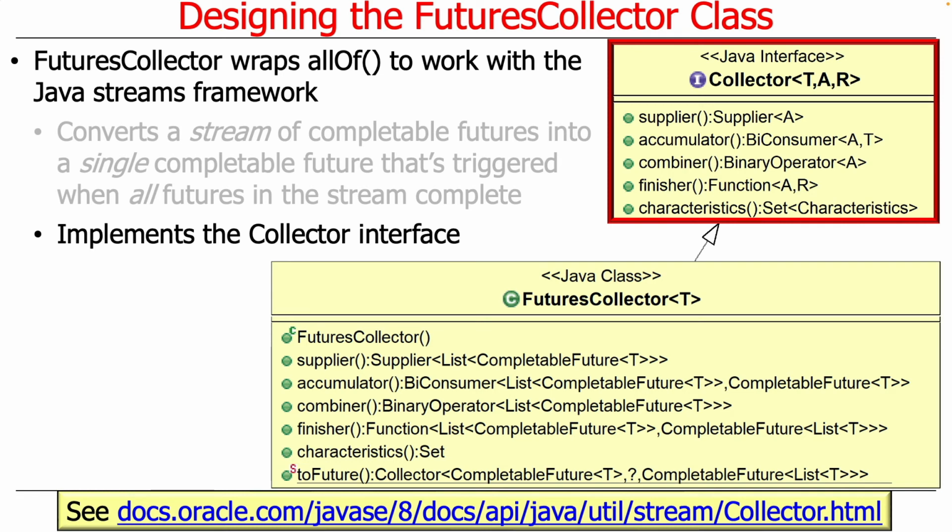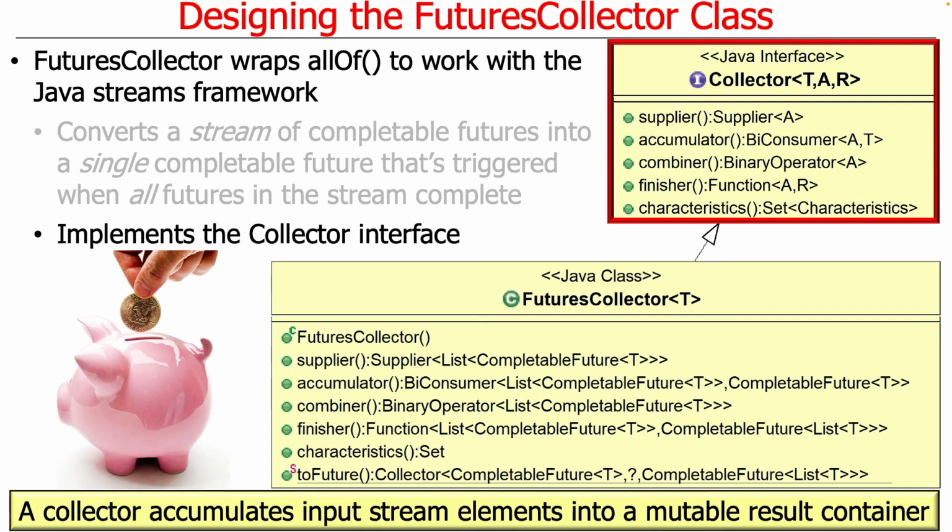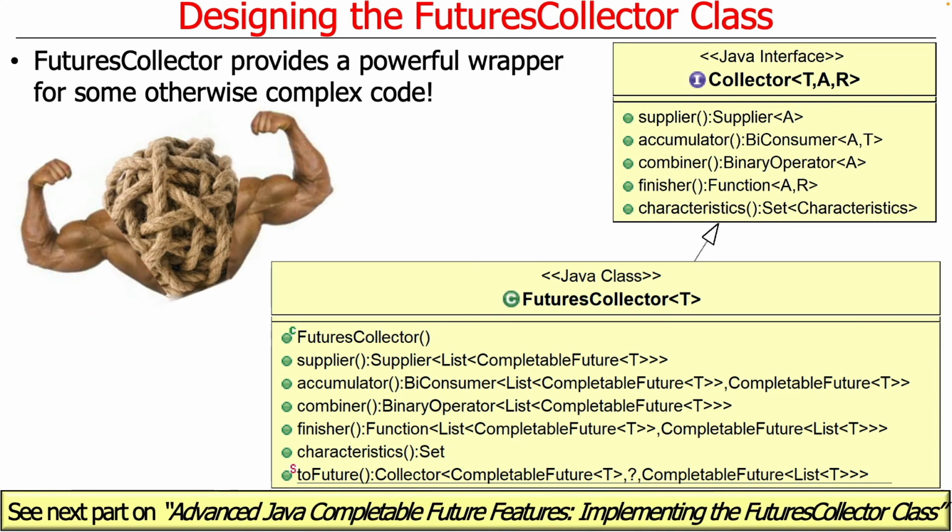And if you recall from our previous discussions when we were talking about streams and parallel streams, you can implement custom collectors that have five factory methods that make things like the supplier and the accumulator and so on. And that's exactly what FuturesCollector does. A collector, just to recap what you probably already know, is used to accumulate the elements in an input stream into a so-called mutable result container. And we get to define what we want all those things to be.